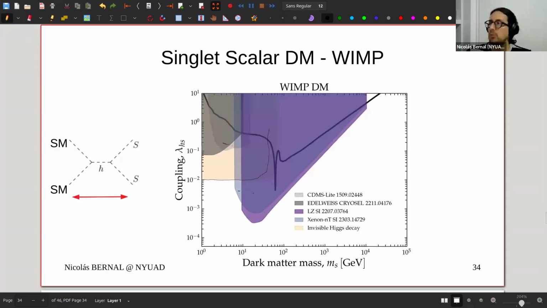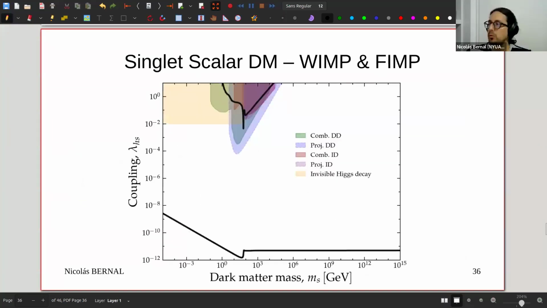These two plots I presented in exactly the same parameter space. So this thick line here corresponds to the WIMP solution, and this one corresponds to FIMPs. For the masses we discussed previously, WIMPs are in the GeV to TeV scale, FIMPs have a much larger range; WIMP couplings are order 1, FIMP couplings order 10 to the minus 10, minus 11.